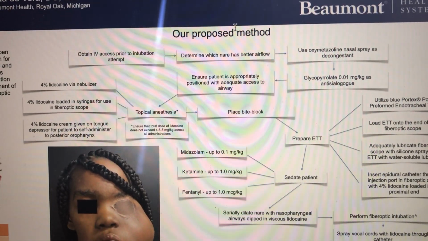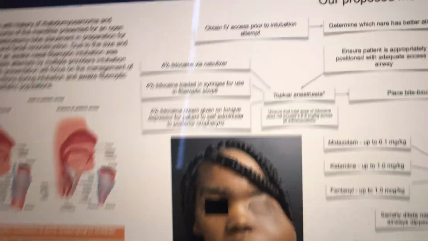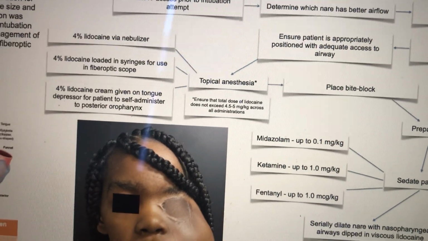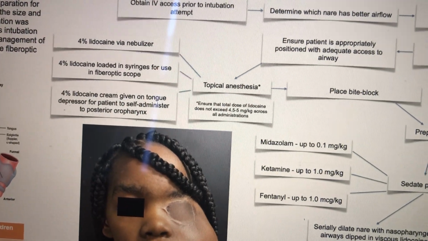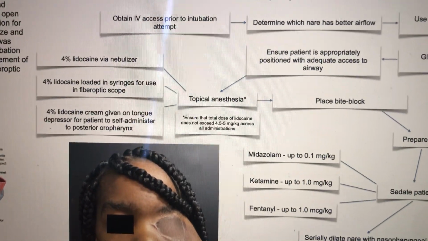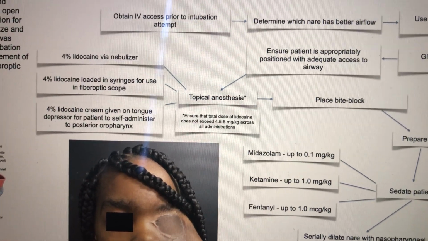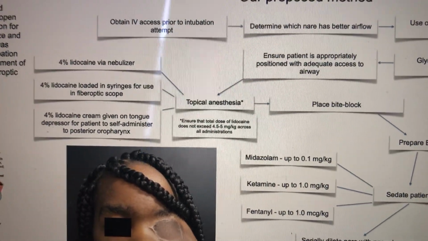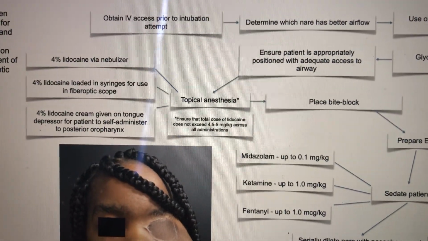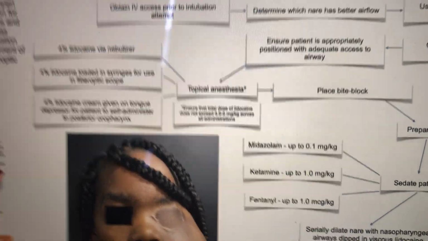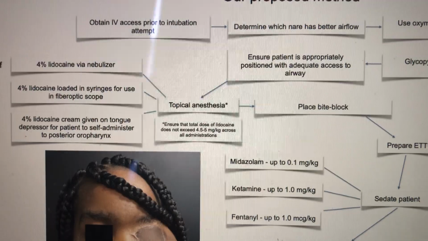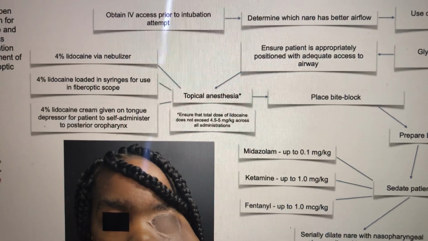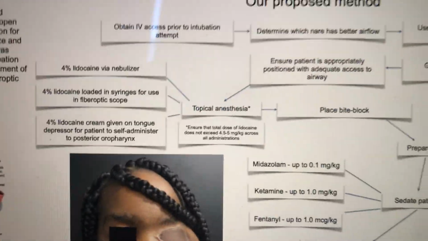And then when you get in the room, you want to make sure that your patient is appropriately positioned, of course. You want to thoroughly topicalize the airway. So this typically starts in the preoperative area with a breathing treatment with nebulized 4% lidocaine. You want to, if the patient is cooperative enough, give them some 4% lidocaine cream that they can put onto the back portion of their tongue and then kind of rub around in the back of their oropharynx to help anesthetize the mucosa there.